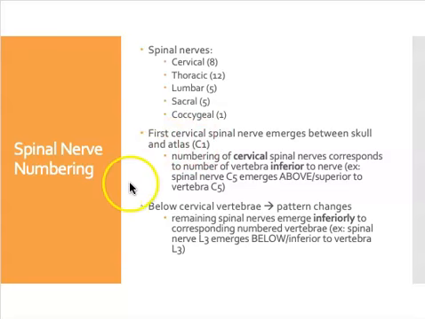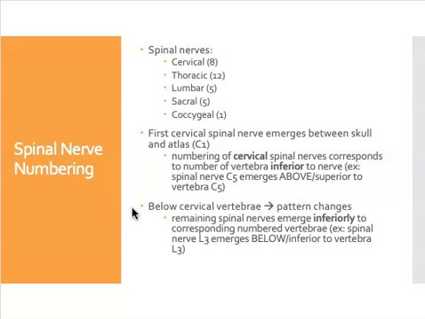Now, once you get below the cervical vertebrae, the cervical bones of the vertebral column, the pattern changes. This is where that extra cervical nerve comes in. From the end of the cervical vertebrae on down, the rest of the bony vertebral column, the spinal nerves are going to emerge below or inferior to the corresponding numbered vertebra.